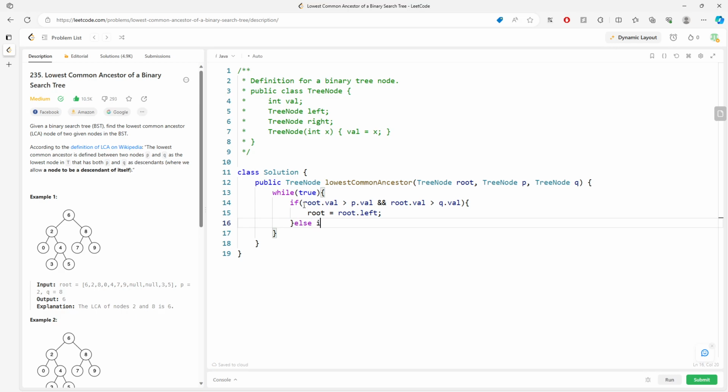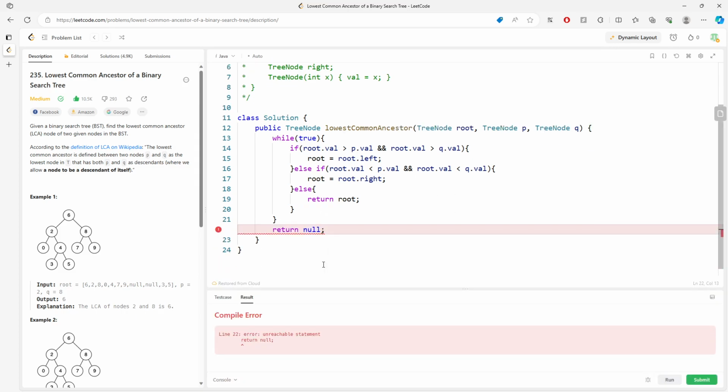Else if root.val is less than P.val and root.val is less than Q.val, I change my root to root.right. The last scenario is to return root. And then return null, something like this, you need to return something.